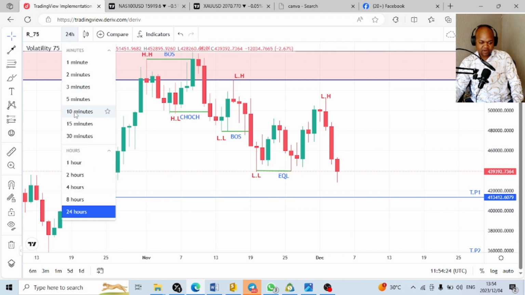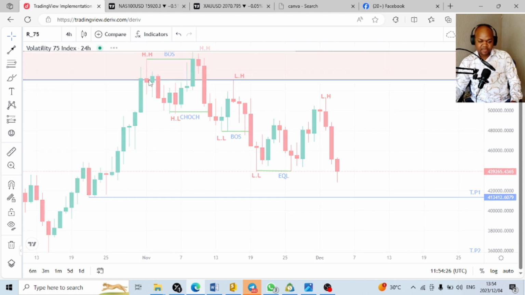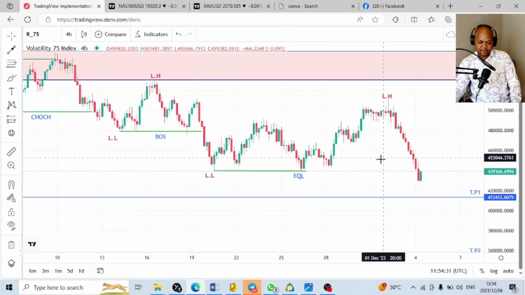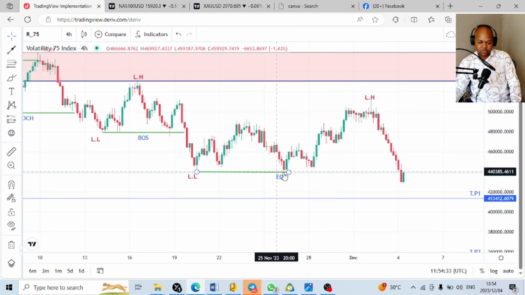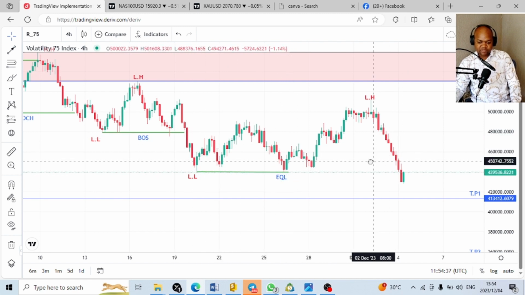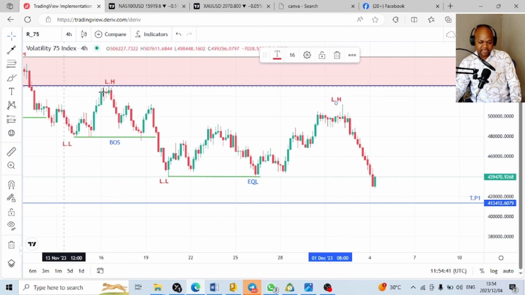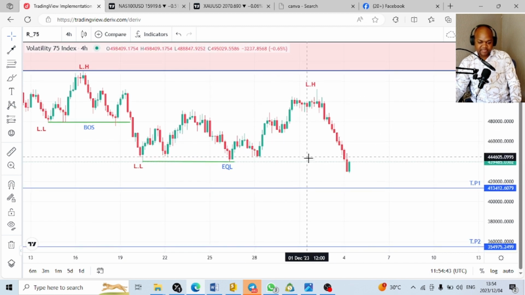If I go now to the 4-hour time frame, what do we see? We have price taking out these equal lows. So there is a possibility that price can move higher, can move up.